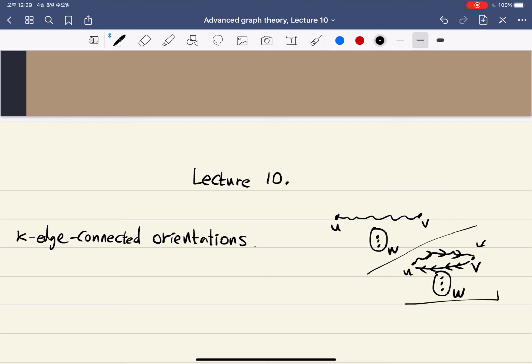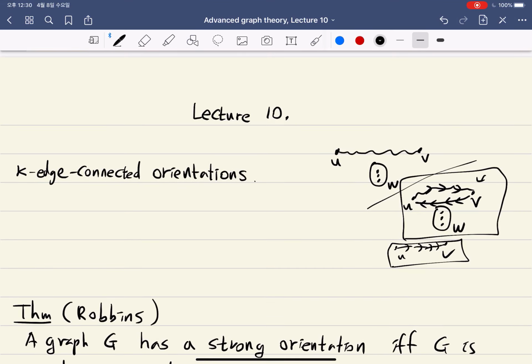So we say a digraph is strongly connected if for any vertex u and any vertex v, you should be able to find a path from u to v. Then it is k-connected, or strongly k-connected, if the same is true after deleting k-1 vertices.